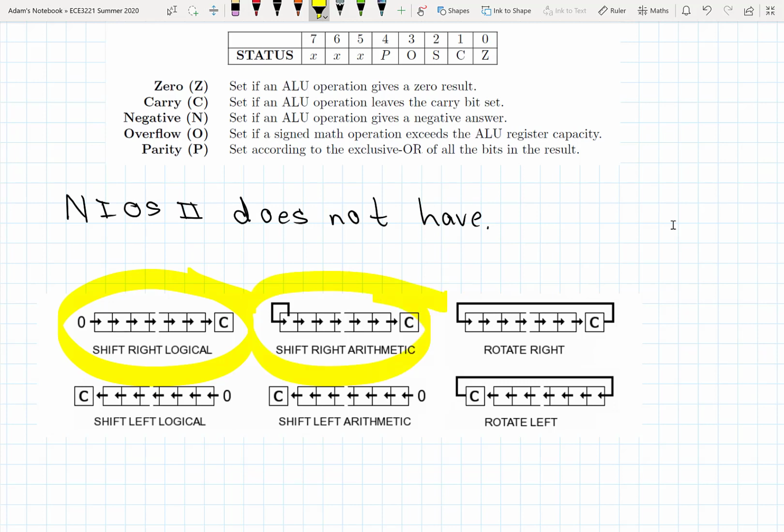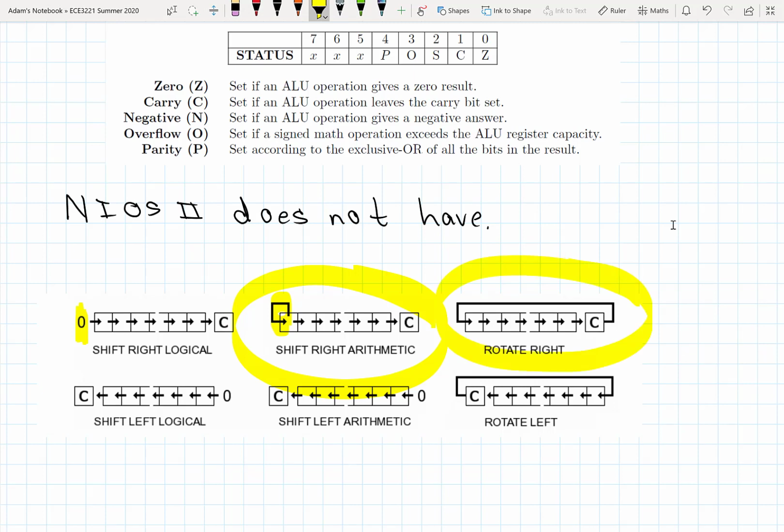For example, a shift right logical always just shifts in a 0 from the leftmost position, but a shift right arithmetic always cycles the most significant bit back in. So this will maintain the sign of your value. So if you're shifting a value that's signed is negative, then shift right arithmetic will retain the negative value when you do the shift.